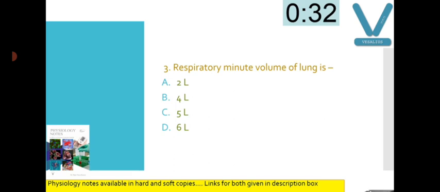Normal tidal volume is about 500 ml, multiplied by respiratory rate, if it is 12, this would be about 6 liters per minute. So this is your respiratory minute volume.